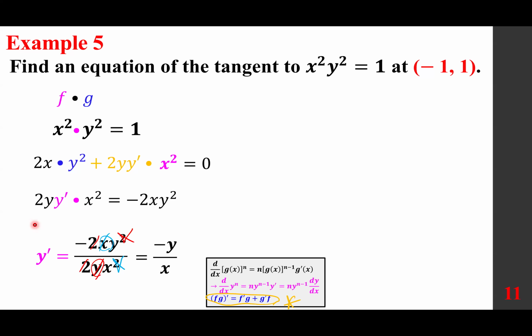You want the slope, you have to plug in. So we're going to write m equals minus y over x evaluated at the pair negative 1 comma 1.